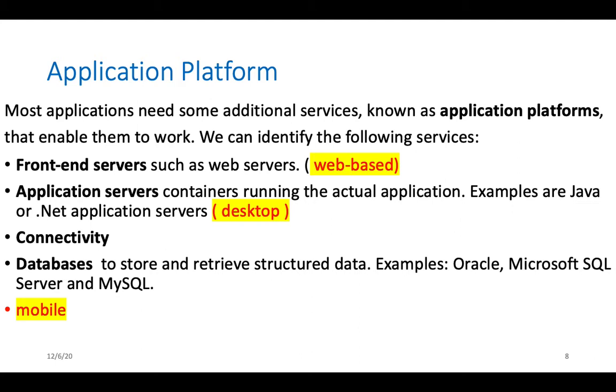We have connectivity and we have databases. For databases, we have the one you may be familiar with, Microsoft Access, but this is very basic. We have SQL, very popular, and we have Oracle, which is the top professional one.